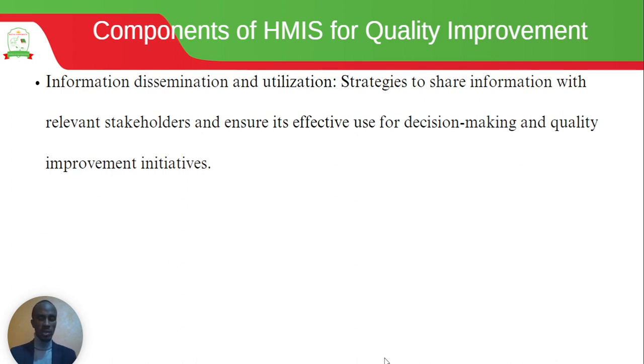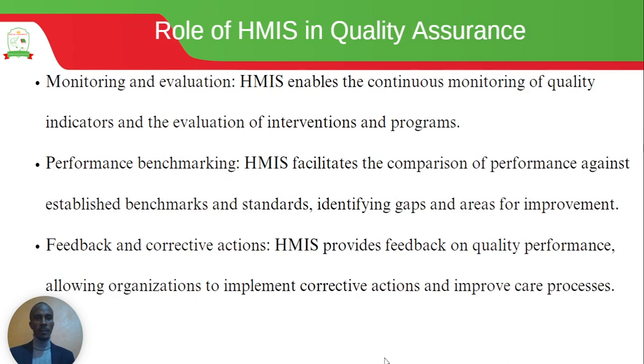You cannot just collect this data and keep it to yourself. You need to relay it to the relevant authorities, either the public health organizations that need it or the policymakers, to make those informed decisions and to improve health care delivery.